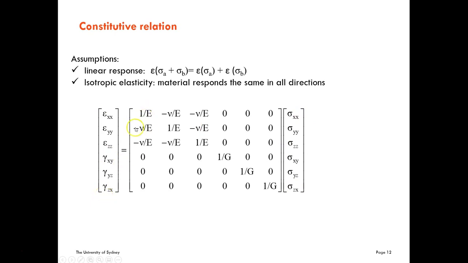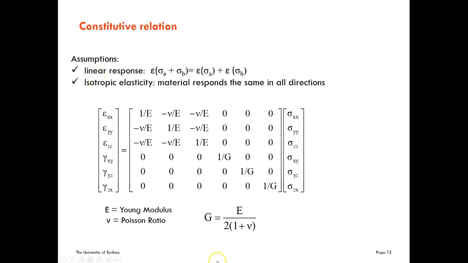This is the Young modulus, the Poisson ratio, and this is the shear modulus. That is not independent, but it depends on the other two quantities by this relation.